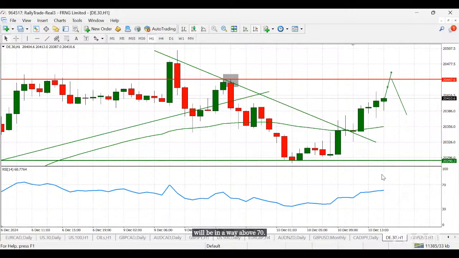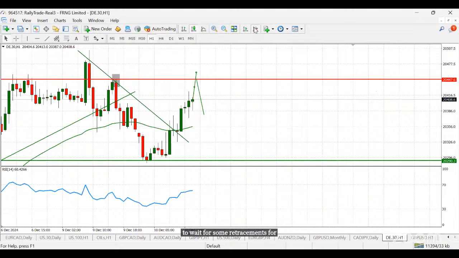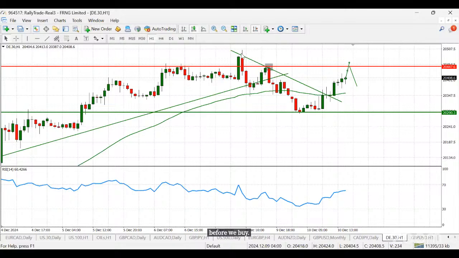So I get your point there. It could be overbought, right? So the most ideal scenario may be to wait for some retracement before we buy, because it's already very high. If you ask me, it's already very high.